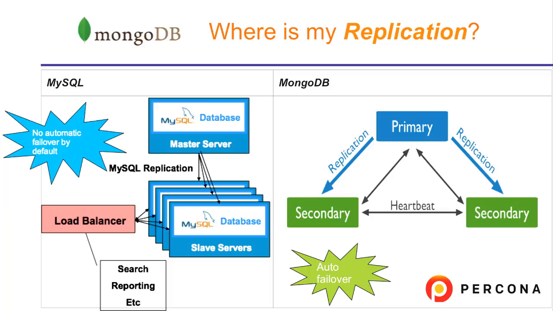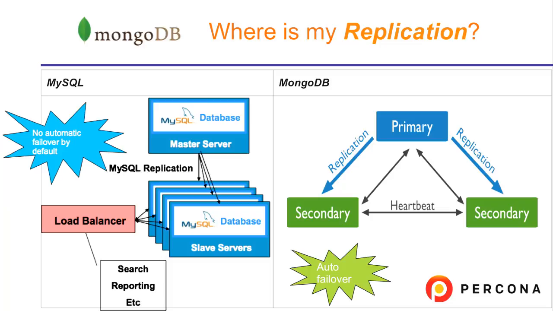No, this is very similar to this picture. Basically, this is sort of an implementation of MHA in the MongoDB world. You cannot write to the secondary. You can only write to the primary. But if you want to switch over, it's very similar to GTID-based MySQL replication.